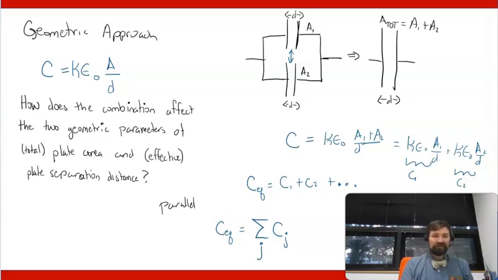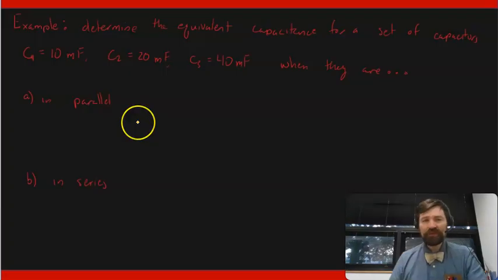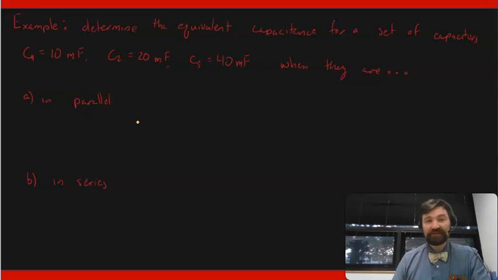All right, so we've now seen two methods for getting our answers. Let's do a quick couple examples. So if I have a set of 3 capacitors that have capacitance respectively of 10, 20, and 40 millifarads, and I combine them in parallel, then my equivalent capacitance C_EQ would be C1 plus C2 plus C3.